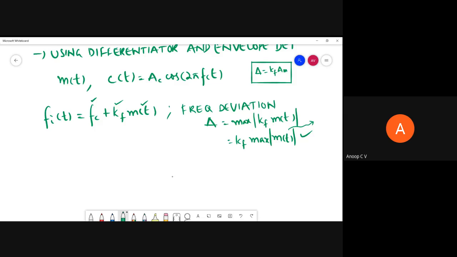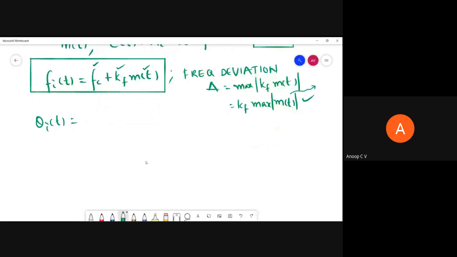I think this part is clear. Instantaneous frequency is equal to fc plus kf into m(t). So what will be the instantaneous phase, theta i(t)? What was the relation between instantaneous frequency and phase? Can anyone tell me? You can type it in the chat window. The relation between frequency and phase.